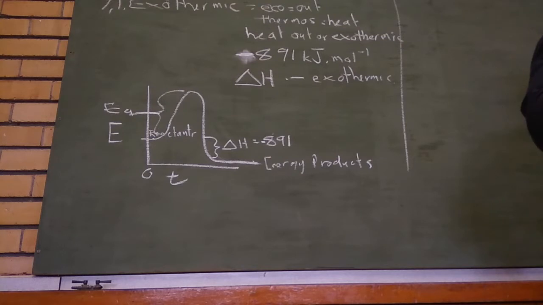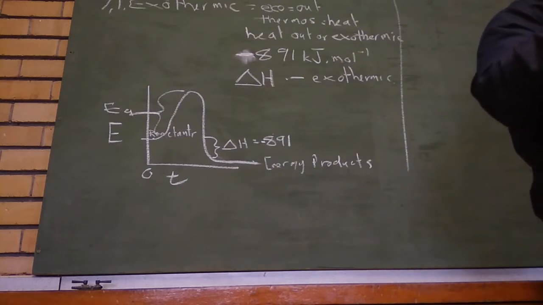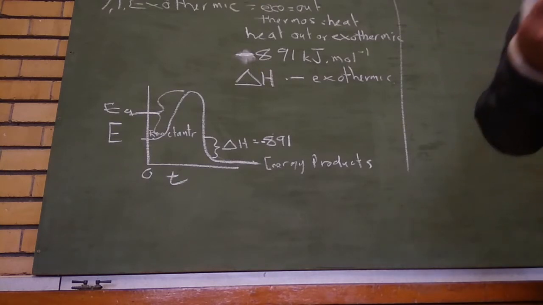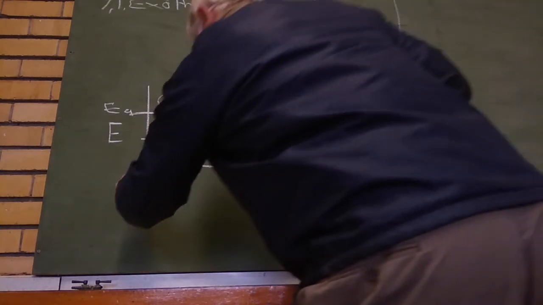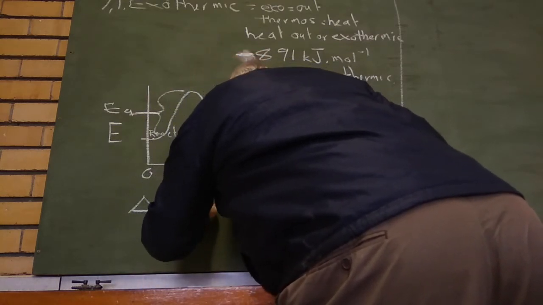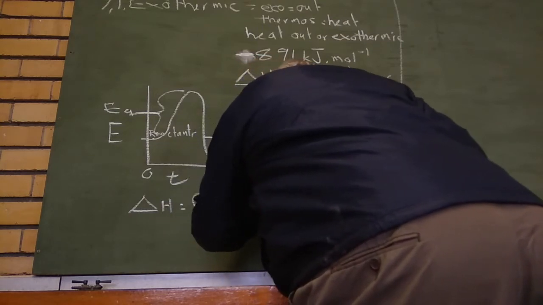Okay, so heat is given out. Now, for 2 marks, why is it exothermic? Give a reason for your answer. Let's just try and explain it like this. Delta H equals final energy minus initial. And your final energy was near naught.